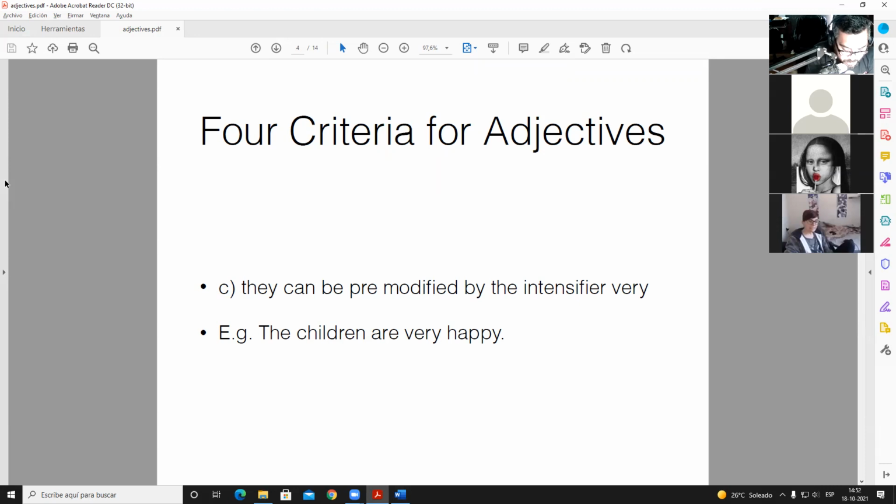Those meanings are usually related to two different ideas: to intensify, to move up, or to decrease, to downtone. Therefore, pre-modifiers inside of adjective phrases can be divided into intensifiers and downtoners.